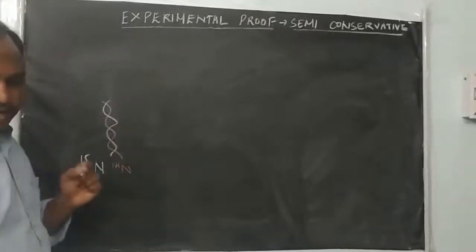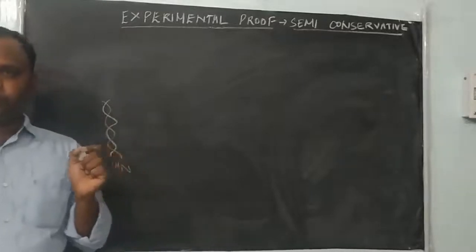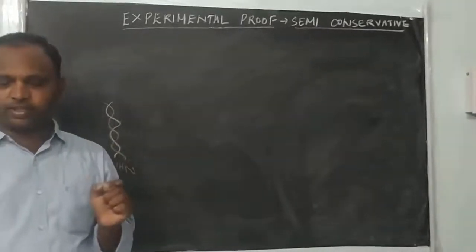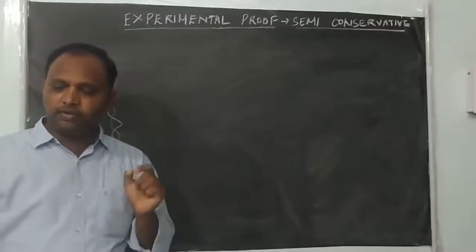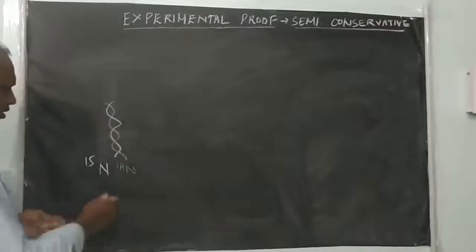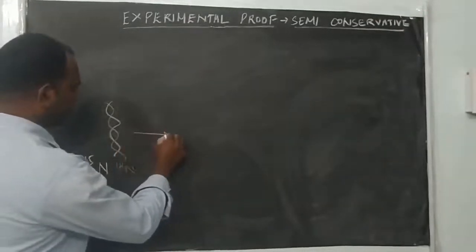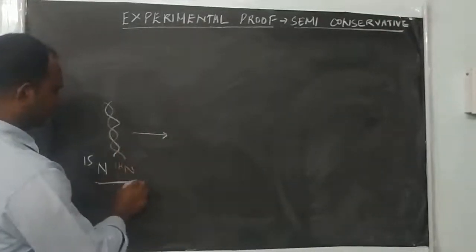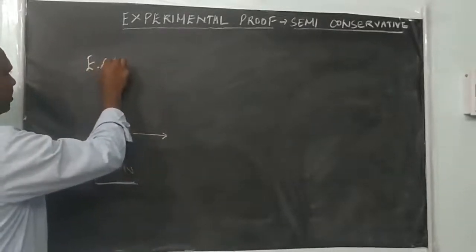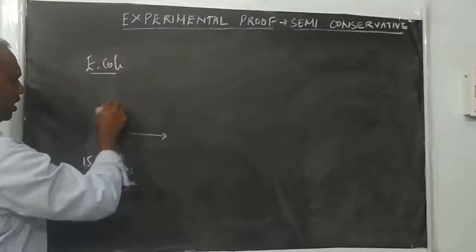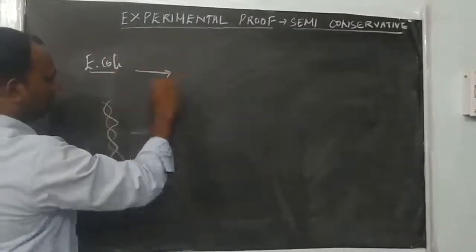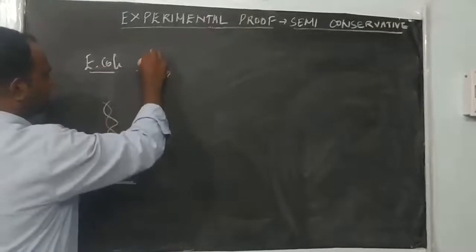If hybrid DNA is allowed to replicate for one generation in media which contain N14. First, we are growing E. coli cells with hybrid DNA. These E. coli cells are allowed to complete the first generation.